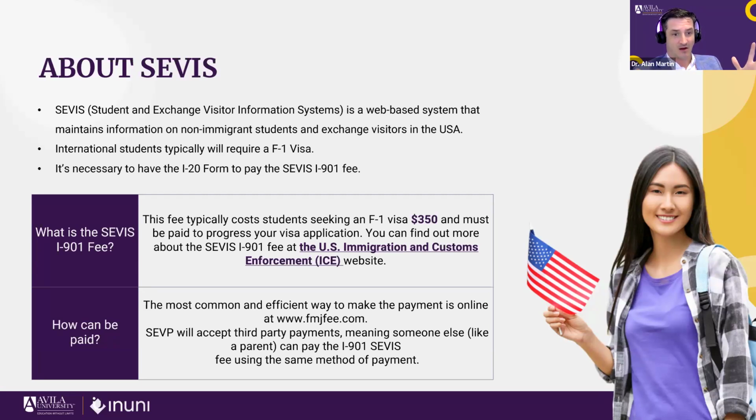There's more information you can find for that on the USCIS website, and it's paid online. So fmjfee.com is the website specifically set up for the payments of this. SEVP does accept third-party payments, meaning that somebody else can pay it on your behalf as well. So it's using the same method of payment.